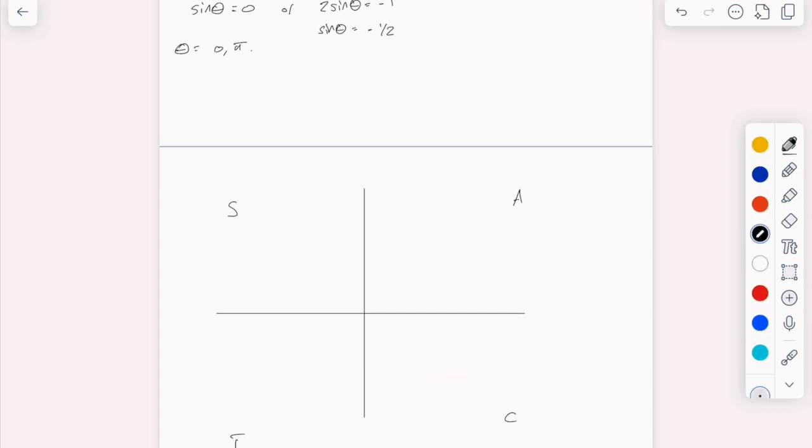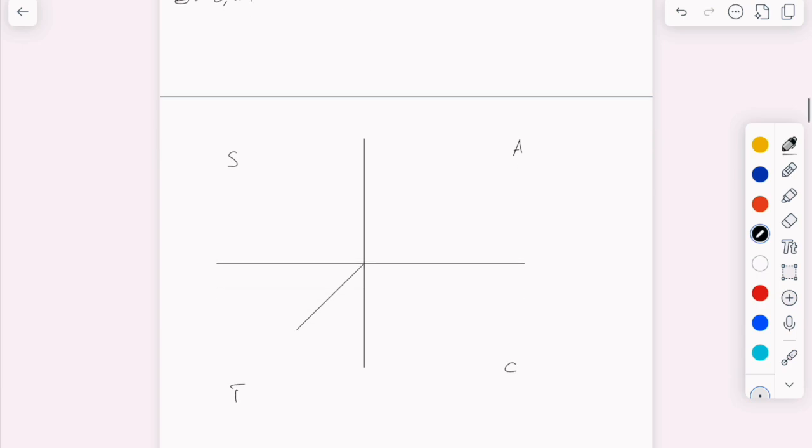Now the trick with these kind of CAST diagrams is we're actually going to draw the triangle itself, because this really helps to drive home the point. So I'm going to draw a right angle triangle here, and draw a right angle triangle here. If I put theta here, put 1 here and 2 there, 1 here and 2 there.